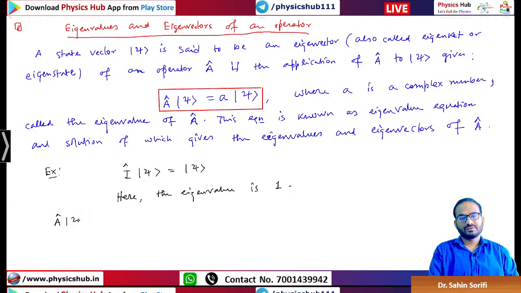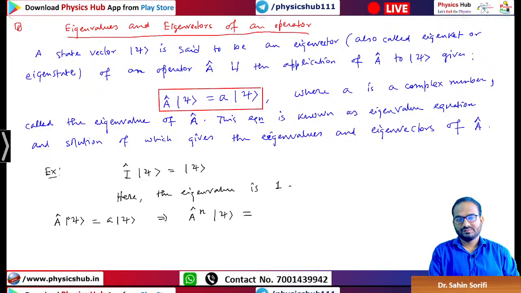Look, if A operates on ket psi, it produces a psi, let's say. Then if you apply it n times, means A to the power n applying on psi, what will it give you? So you see, A square if you apply, so a will again come. Each time a psi will come.